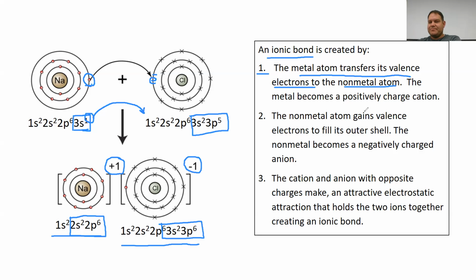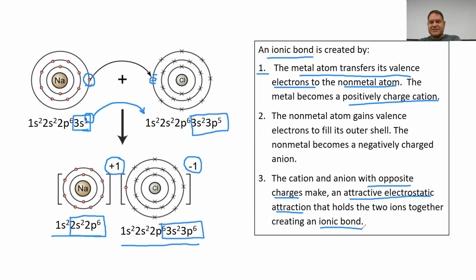This results in a positively charged cation, okay, and a negatively charged anion, okay? But the shells are filled. Now, the last thing that has to occur is the oppositely charged ions must form an electrostatic attraction that holds those two ions together to form the ionic bond, okay? So that's how we make ionic bonds.